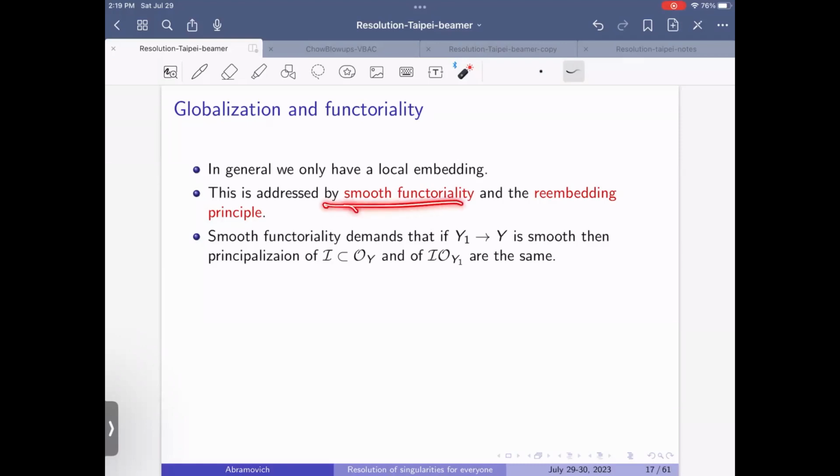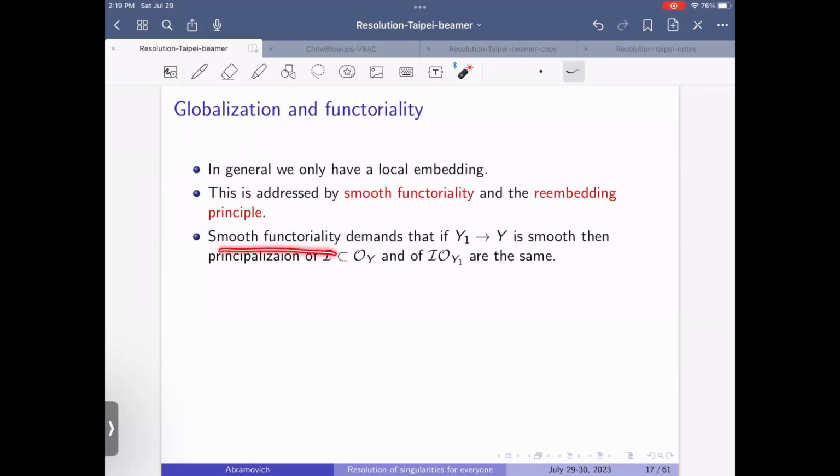So the first is smooth factoriality, or factoriality under smooth morphisms. And the other principle is the re-embedding principle that I will discuss in a little bit. Oh, actually, I will discuss it immediately.